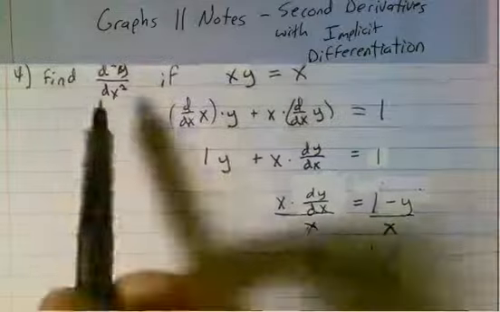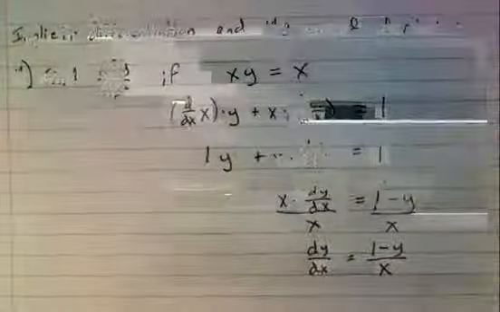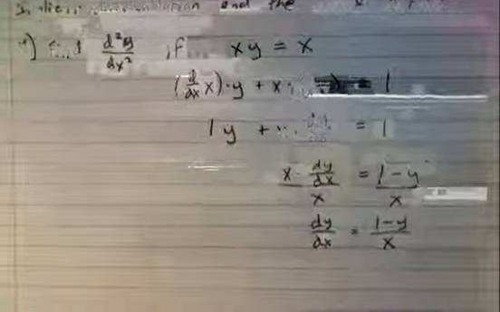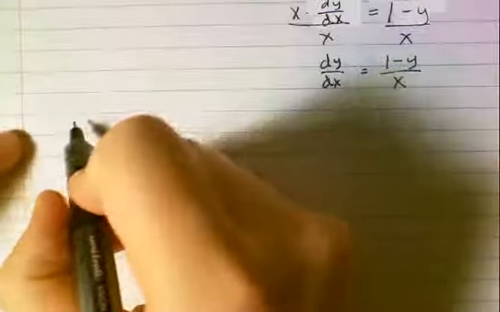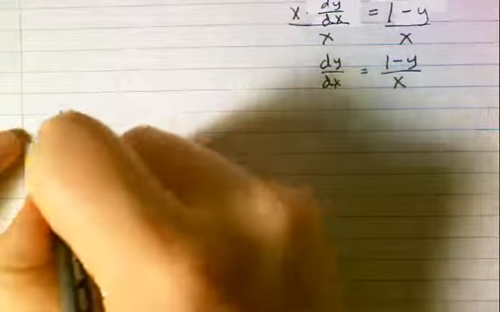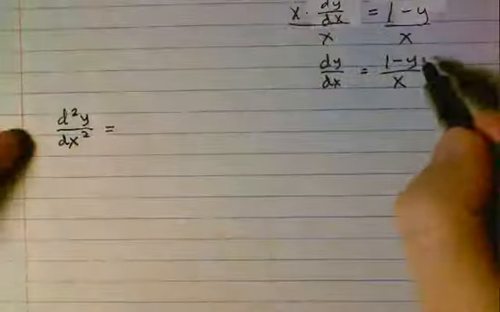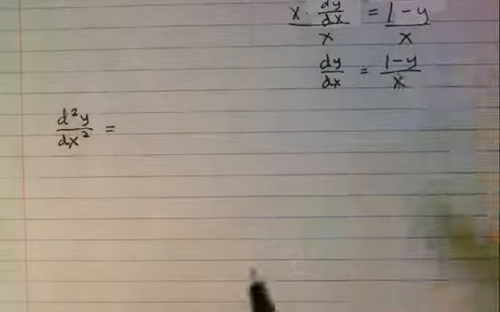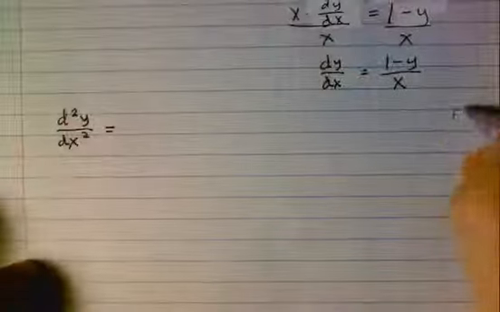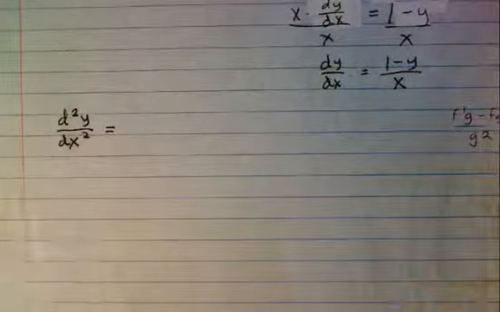So far so good, except we do need to find that second derivative, so let's keep going. I've gotten a little far over on the right here, so I'm going to start over here. So the second derivative, I see that I've got division here, so I'm going to have to use my quotient rule. f prime g minus fg prime over g squared.